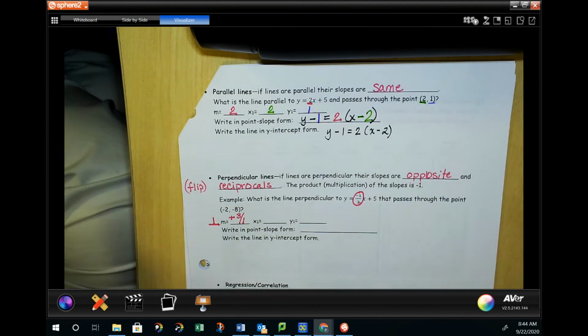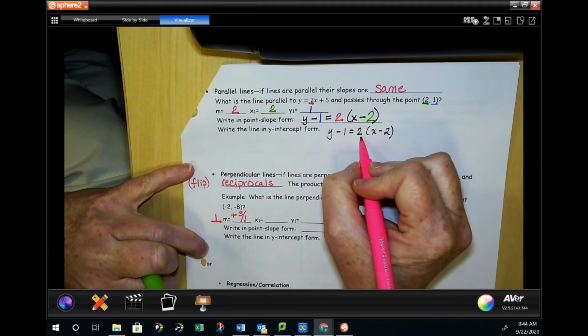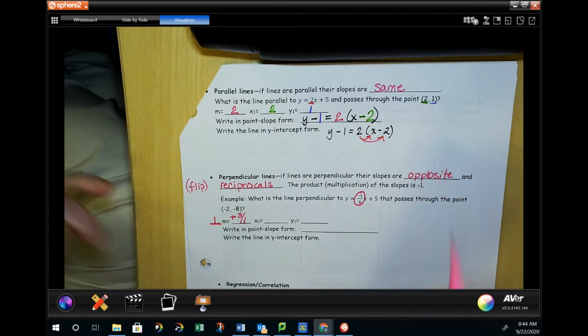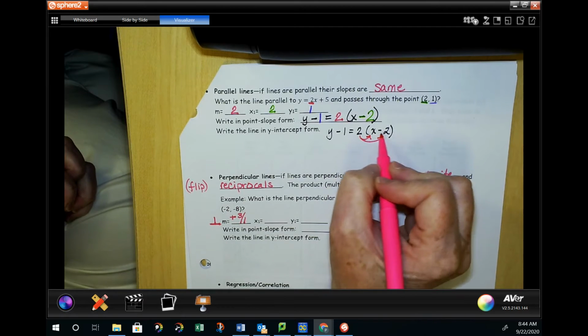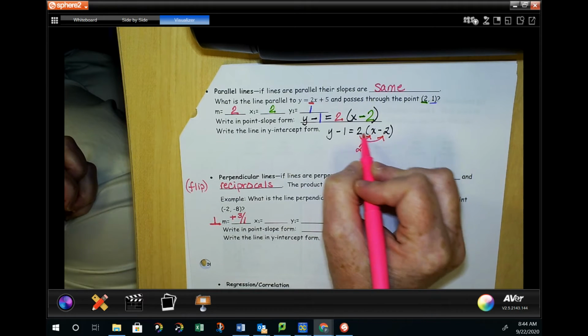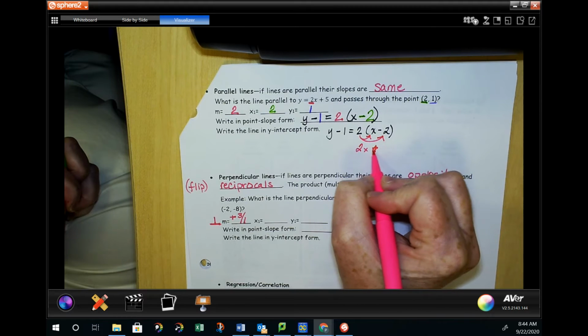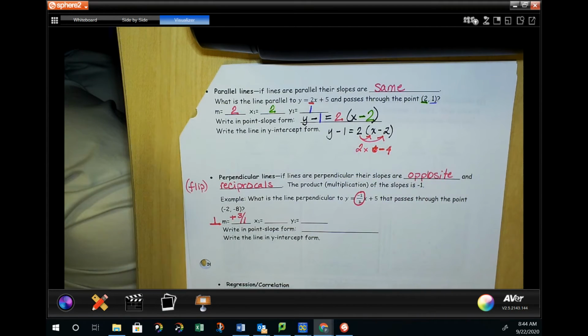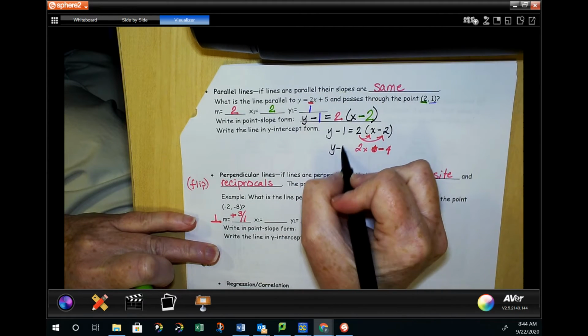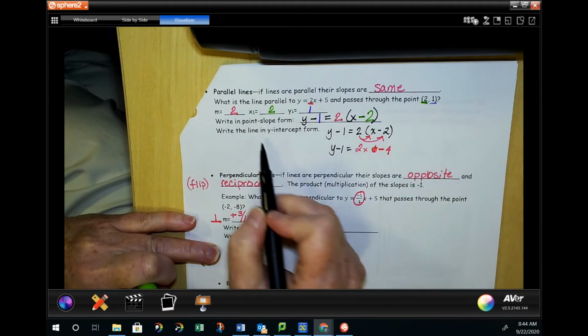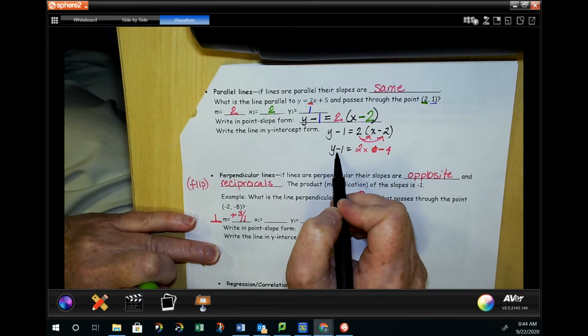So we've got y minus 1 is equal to 2 times x minus 2. And again, we have to distribute that slope. So 2 times x is 2x. 2 times negative 2 is negative 4, sorry. And then you still have y minus 1 out front. So in order to write in y-intercept, you have to have y by itself.